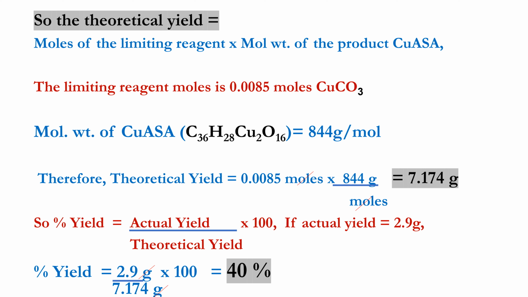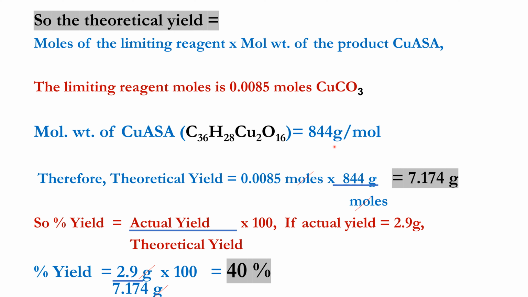So the theoretical yield is equal to moles of the limiting reagent, which is copper 2 carbonate, multiplied by the molecular weight of the product, which is copper 2 aspirate. So we already determined that the limiting reagent moles is 0.0085 moles. So the molecular weight of copper 2 aspirate, this is the chemical formula, is equal to 844 gram per mole.